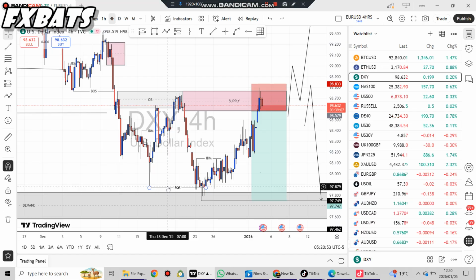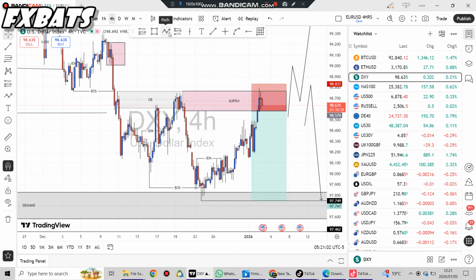Taking this in place as our valid break of structure, the current range should be from this swing high to this swing low.